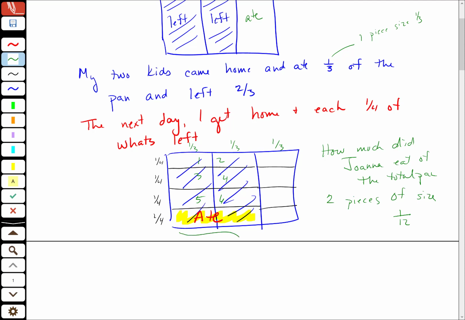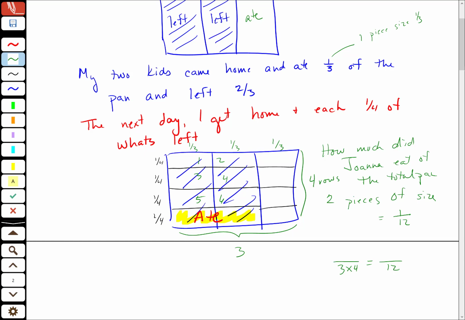So this has 3 columns, and this has 4 rows. That's where we get this 12. Oh, I shouldn't put equal there, but I'm going to show the result of this problem. So 3 by 4 gives me this 12.